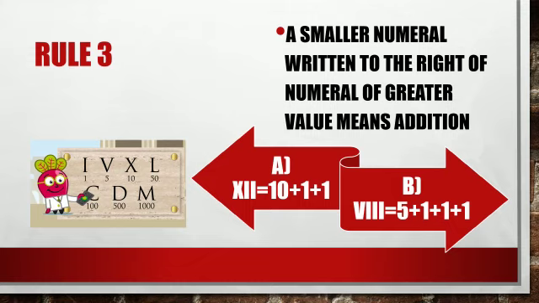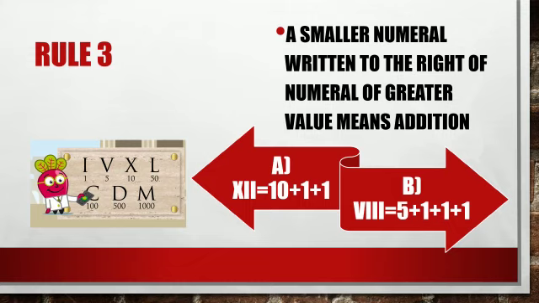So XII would mean 12. So here the smaller numeral I is to the right of the greater value, which is X, that stands for 10, and so we add.